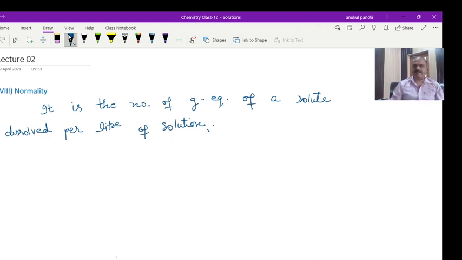Now the question arises, what does it mean by number of gram equivalents? So number of gram equivalents is equal to mass in grams divided by equivalent mass. Now, what is equivalent mass?